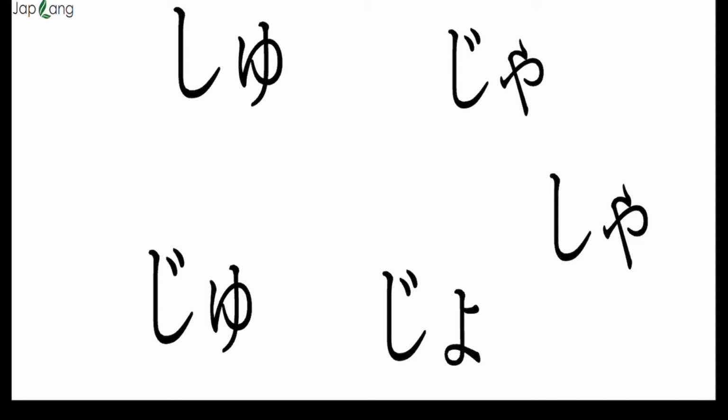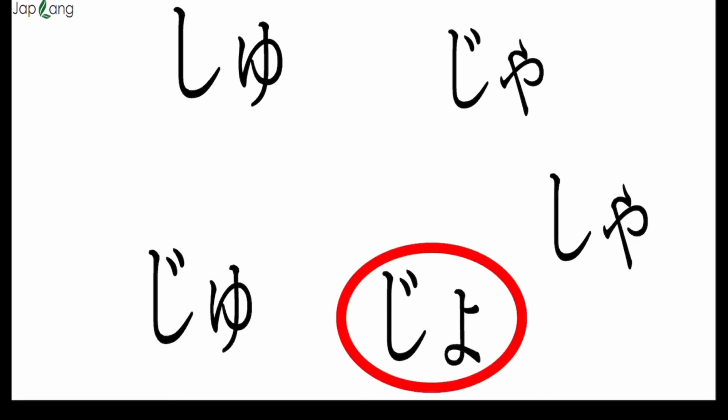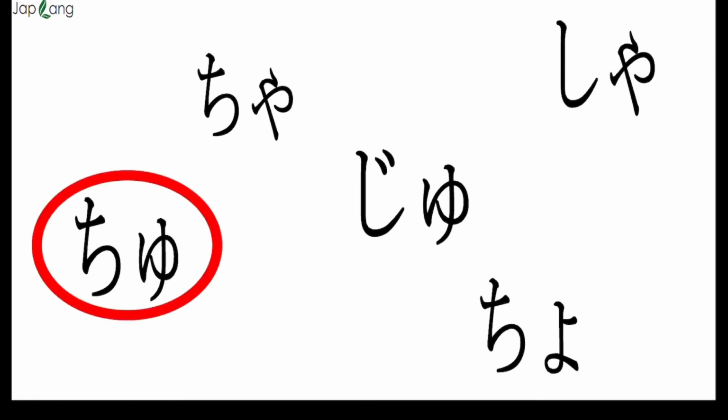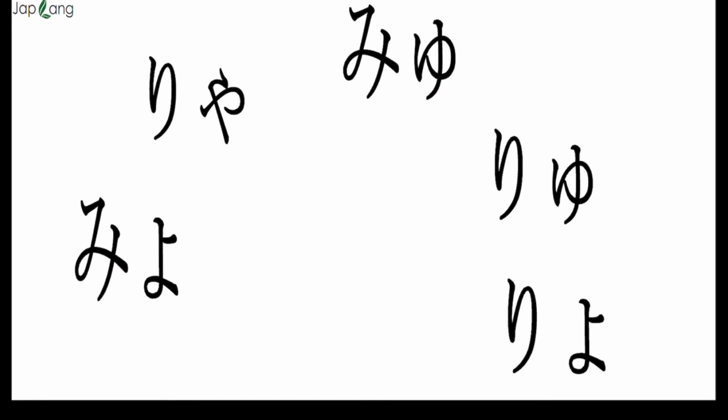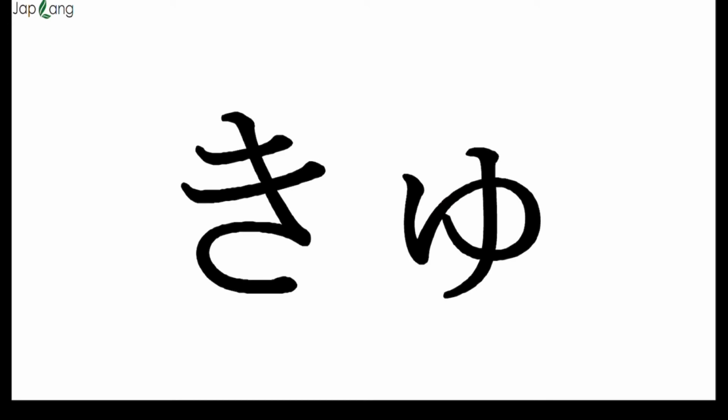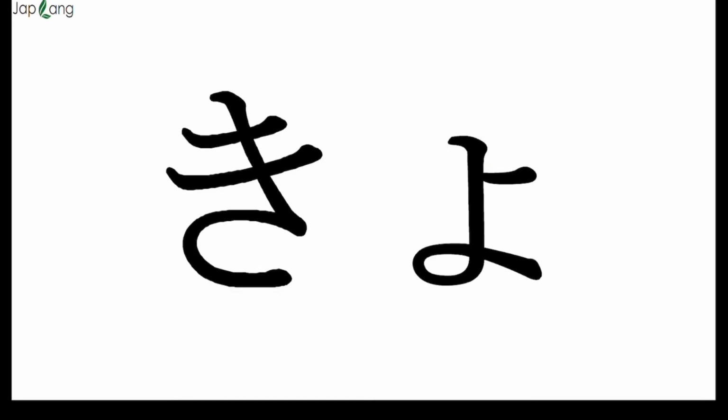Jo is at the bottom. Where is chu? Yes, chu is left hand side. Where is ryu? Ryu is right hand side in the middle. So this is shu. This is kyu. This is kyo.